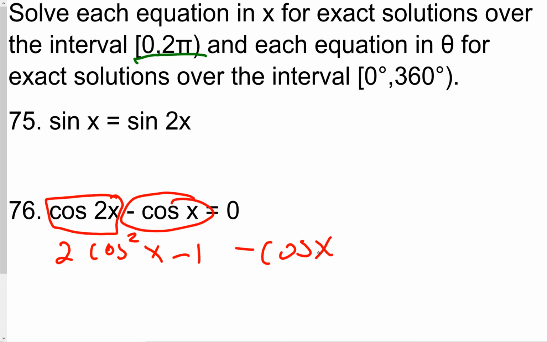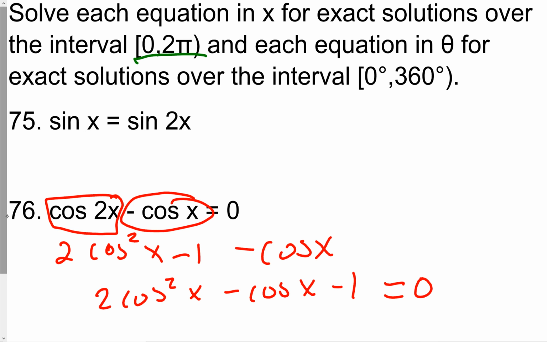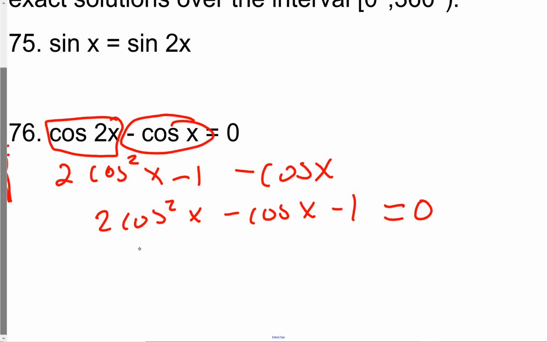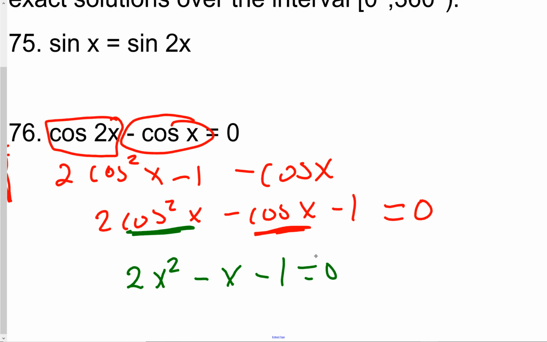Now I can treat this as a quadratic, right? 2 cosine squared x minus cosine x minus 1 equals 0. So now it looks like a quadratic, right? Cosine is my middle term, and right here is that middle term squared. So it's like 2x squared minus x minus 1 equals 0.